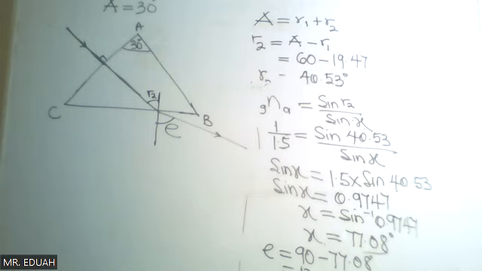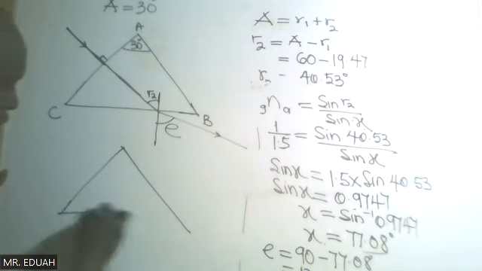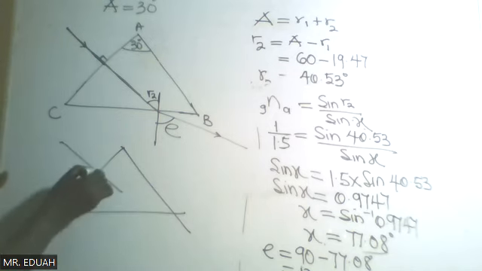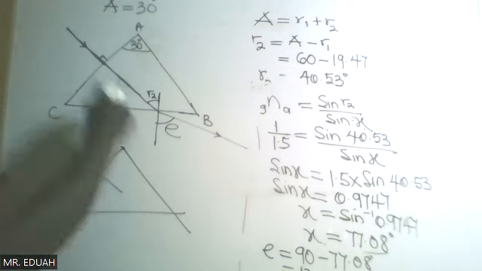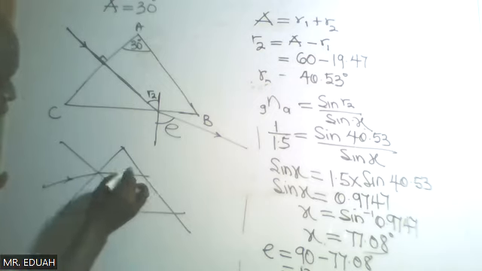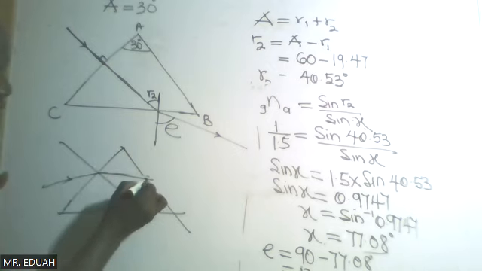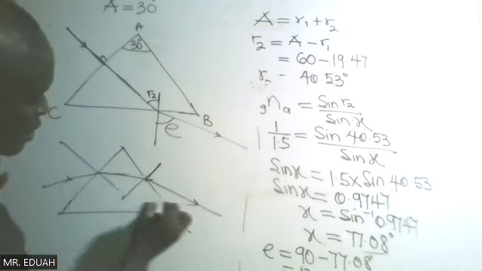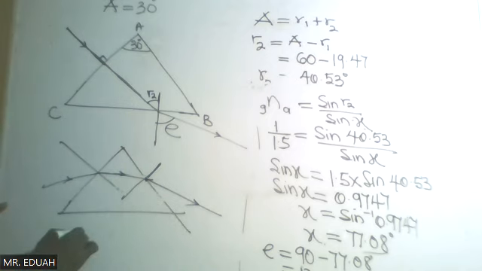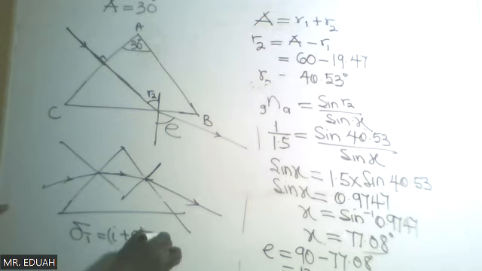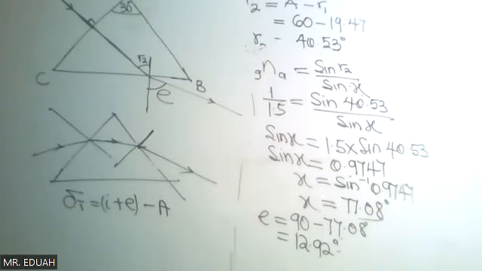Now, we know that for a ray hitting the plane at any angle of incidence, when it's not perpendicular, it will refract in this manner. And the total deviation, which we represent as D, is equal to I plus E minus A. This is the formula we derive for total deviation.